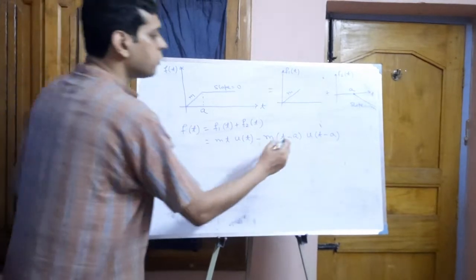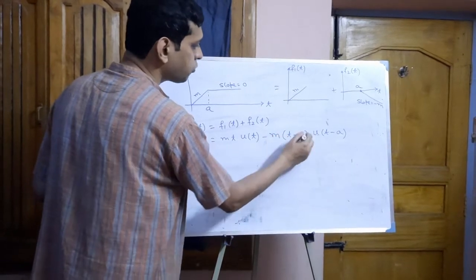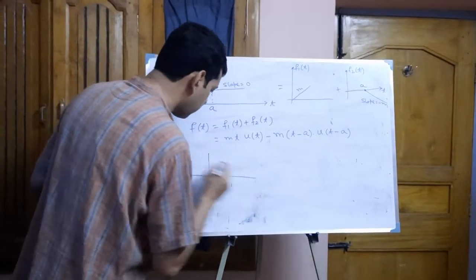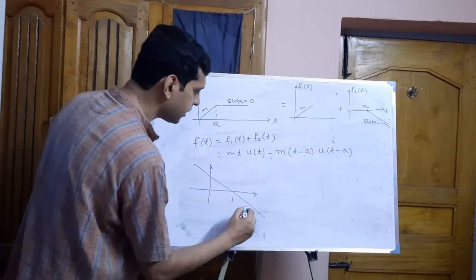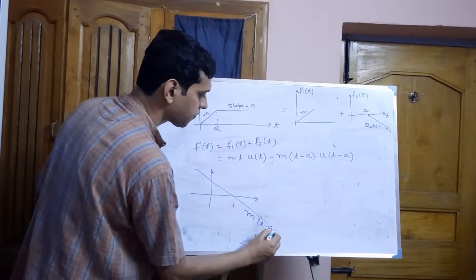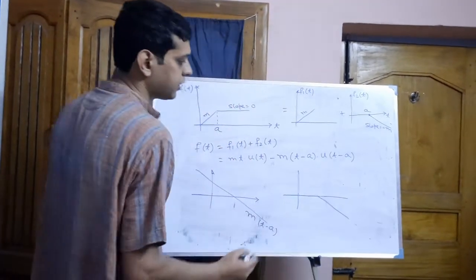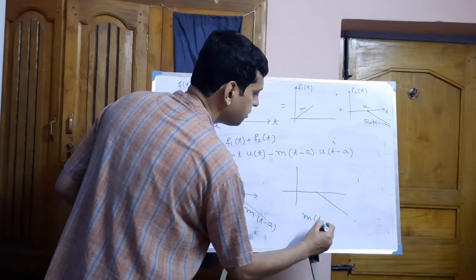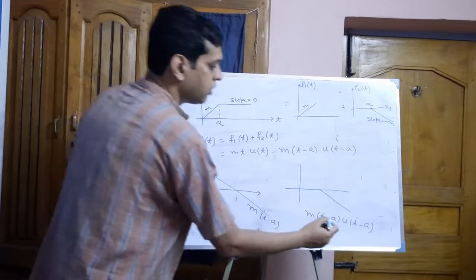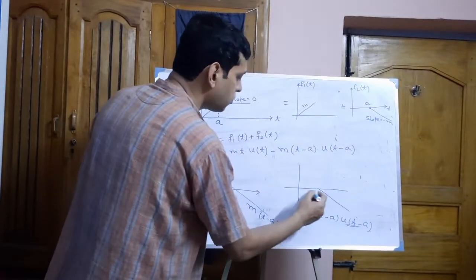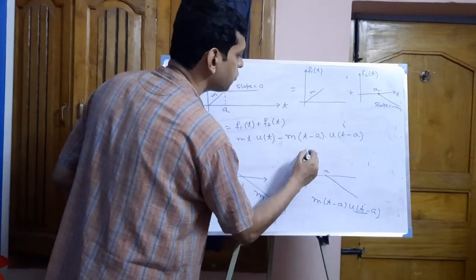The (t minus a) must be multiplied with this one, otherwise this is a straight line. This straight line can be expressed as m (t minus a), but this can be expressed as m (t minus a) u(t minus a), because this u(t minus a) equal to 0 when t less than a. So this starts from t equal to a.